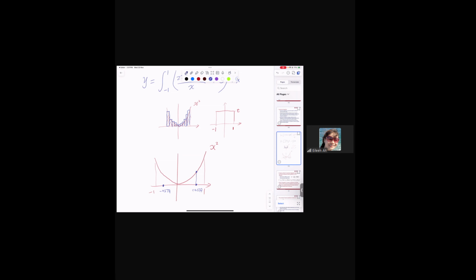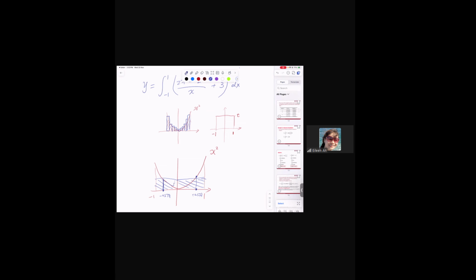Okay, and then we use this as the height of the rectangle. And then the area of those two rectangles will be the integration of x squared from -1 to +1.